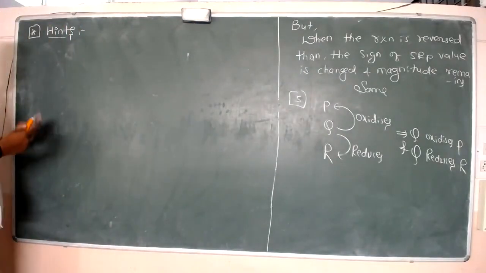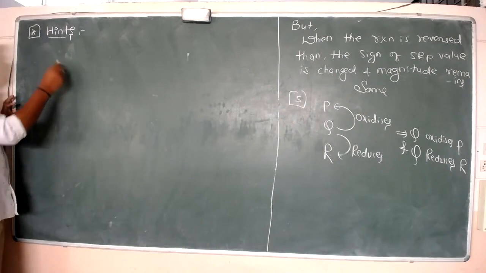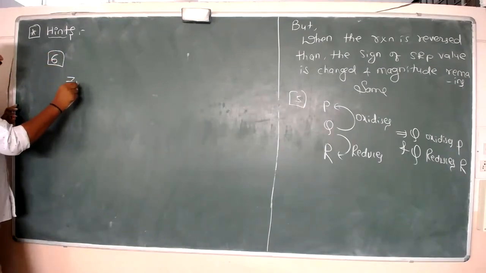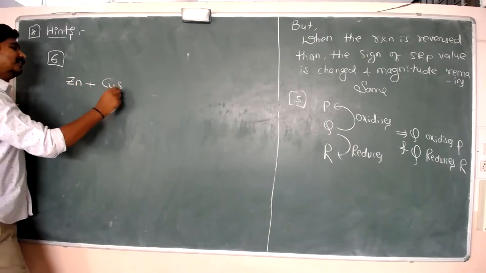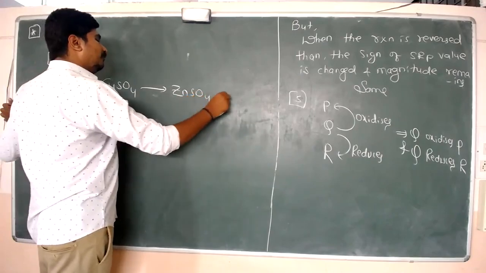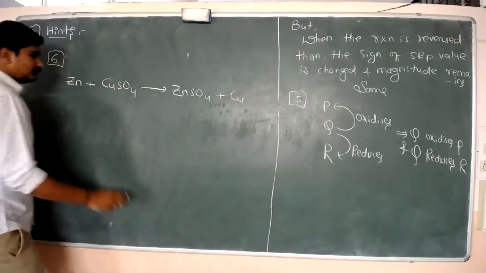What is the last one? He is giving two reactions. Zn plus CuSO4 gives rise to ZnSO4 plus Cu. That is the first reaction.